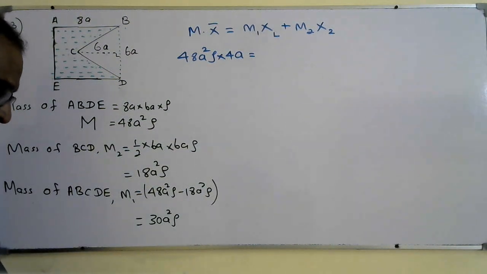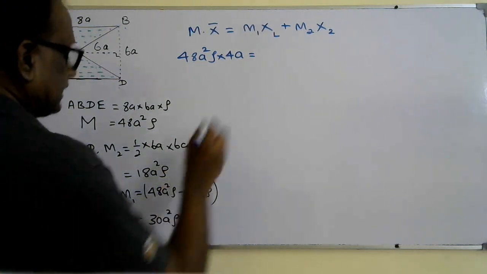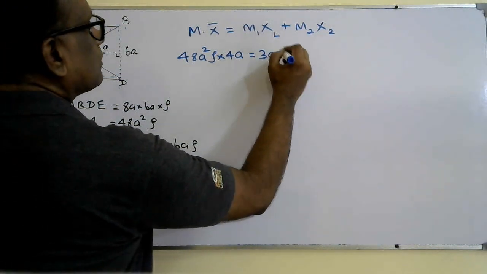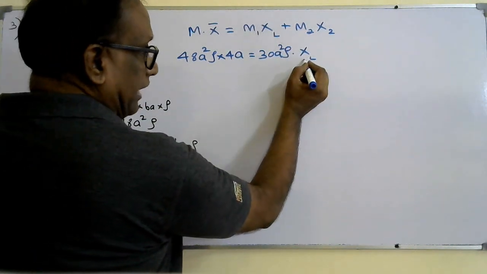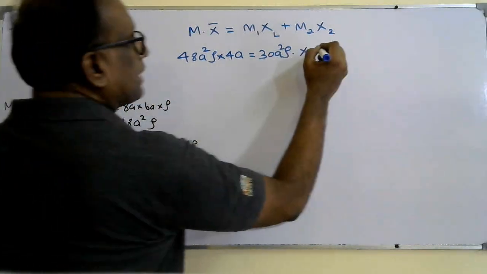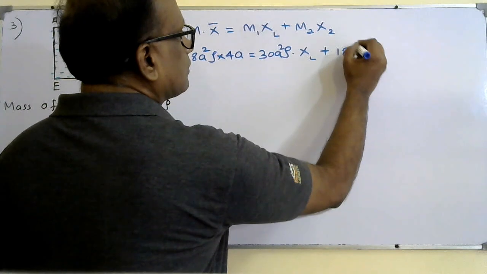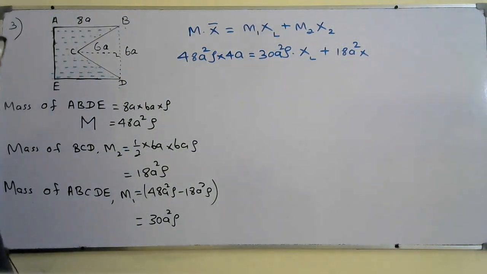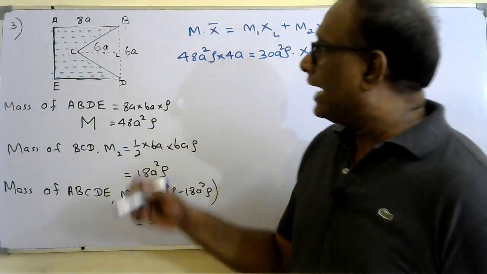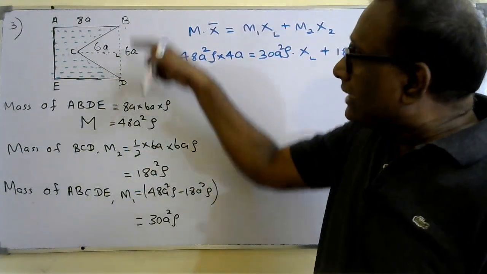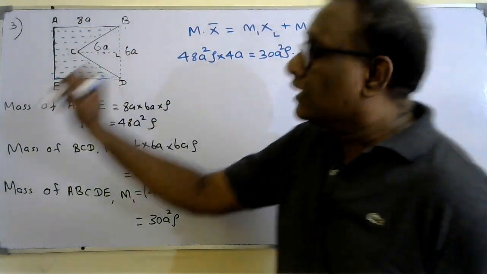That is equal to M1, the mass of the lamina, that is 30a squared rho, into XL, we need to find the center of mass of the lamina from AE, plus M2, which is 18a squared rho, into the center of mass of the triangle. For the triangle, the center of mass will be at 1/3 of the median from the base, or 2/3 of the median from the vertex.